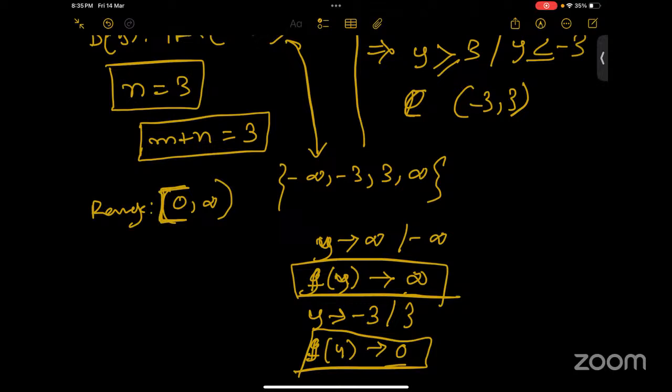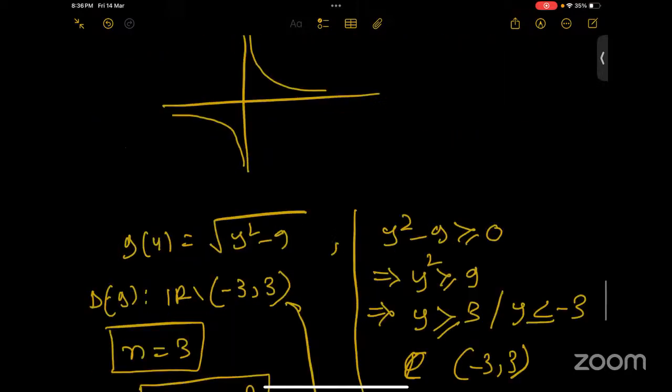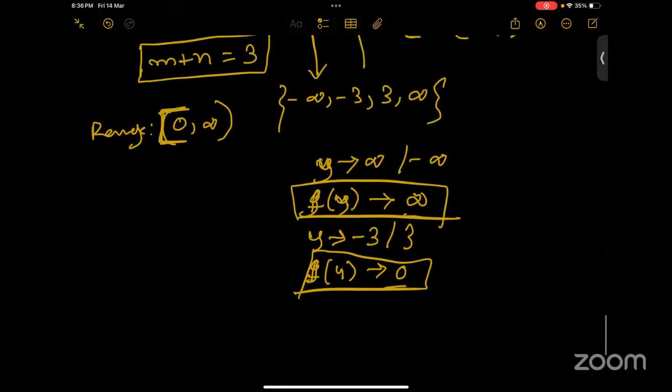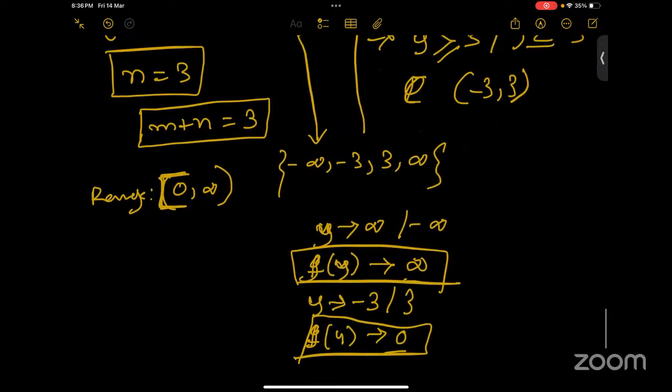Can you come again, madam? Why are we including 0 here? 3 is included in the range, right? Yeah. Root of 9 minus 9 is 0. Root of 0 is 0. So 0 is in the range, right? Okay. Now, how do we decide by seeing this? By putting in the function, I could just conclude, because 3 is there, that means you can directly put the value of 3 instead of the variable, right?